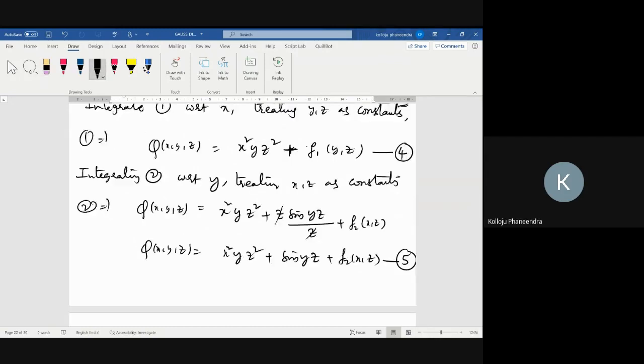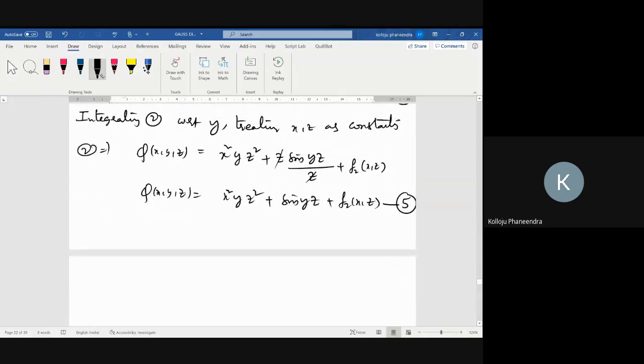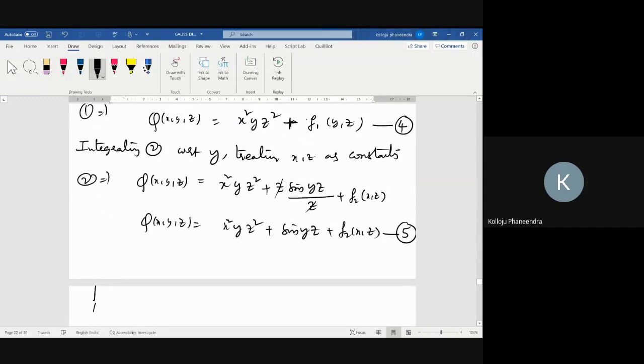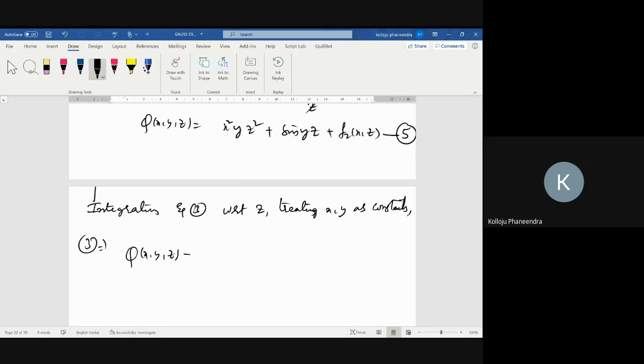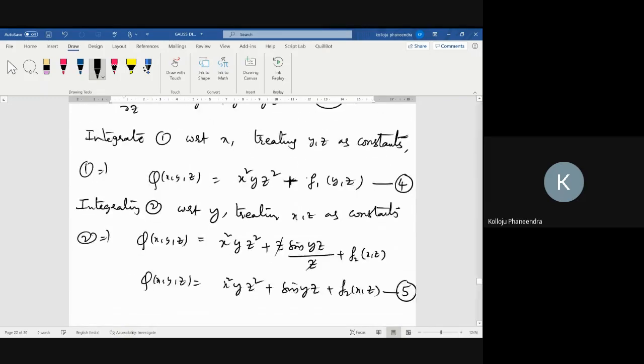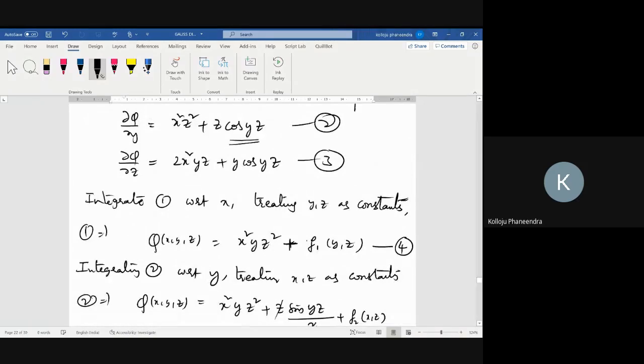I think it is clear. Now the third one: integrating equation 3 with respect to z, treating x and y as constants. Then 3 implies φ(x,y,z) equals, ∂φ/∂z integrated with respect to z.